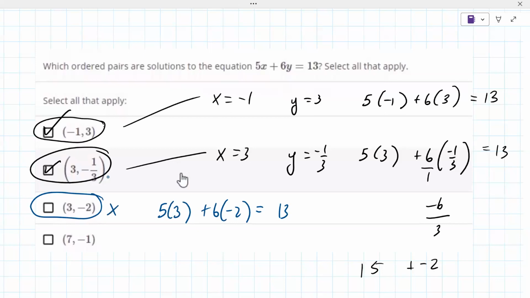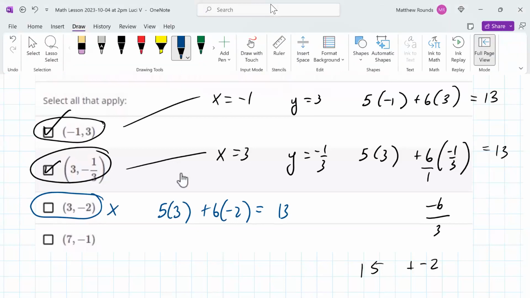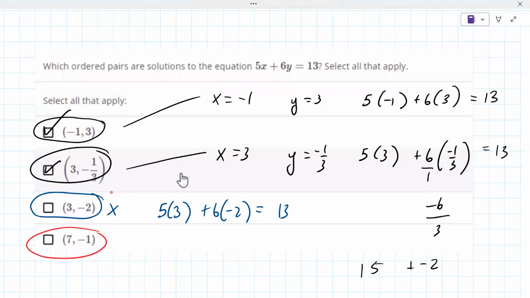This one does not work. Nope. So we're all good there. Try the last one for me, please. That one wouldn't work either. I agree. Okay, go ahead and try those, and then you can share another question or two.